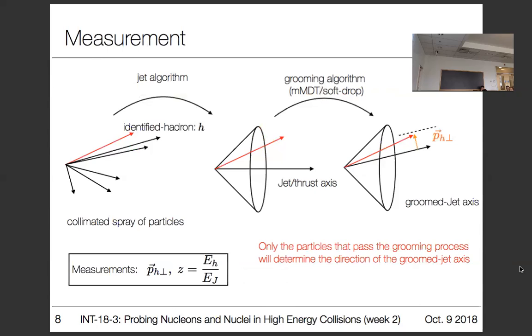Now, instead, you perform a grooming algorithm. This will shift the jet axis into a different position, and you measure the transverse momentum of the identified hadron with respect to that new jet axis. And in addition, you measure the energy fraction of the identified hadron with respect to the energy of the groomed jet.